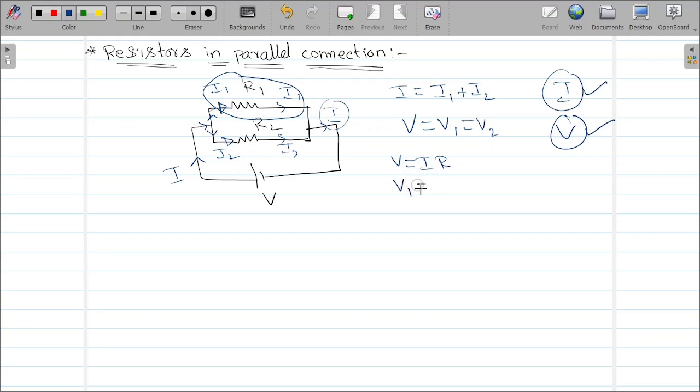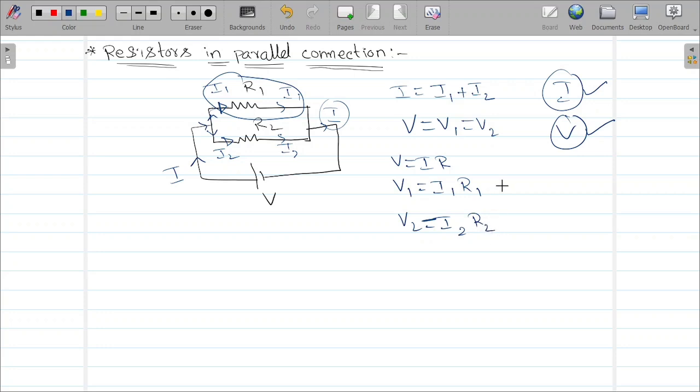So for V1 it is I1 R1. Similarly V2 equal to I2 R2.